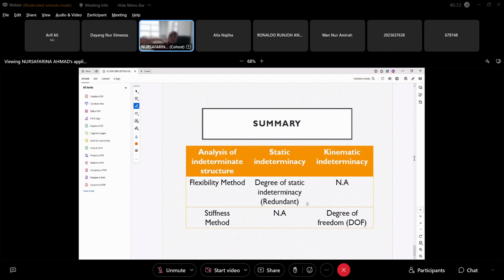Okay, for stiffness method, kinematic indeterminacy. Kinematic means that the displacement. Okay, kita kira displacement dulu, degree of freedom. Displacement comes from translation and rotation. Means translation tu displacement lah. And then rotation tu caused by moment.